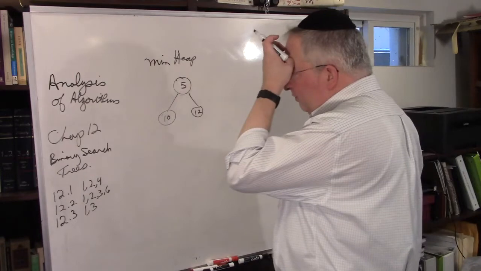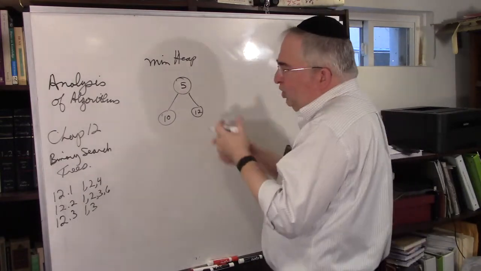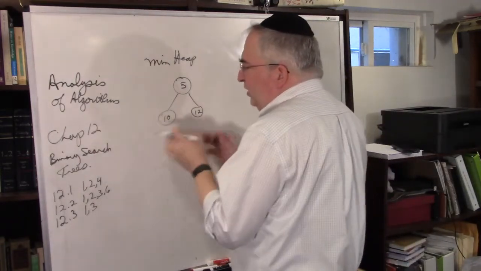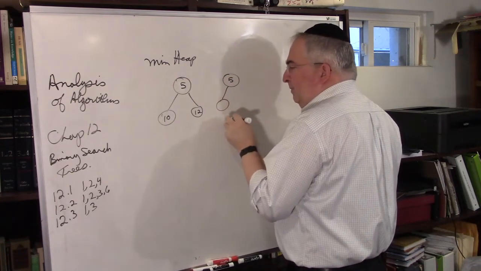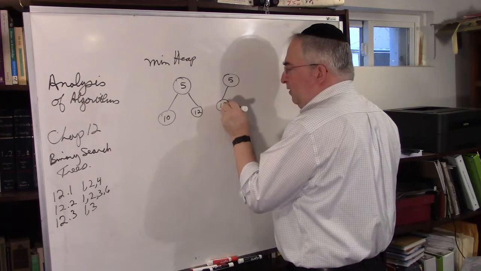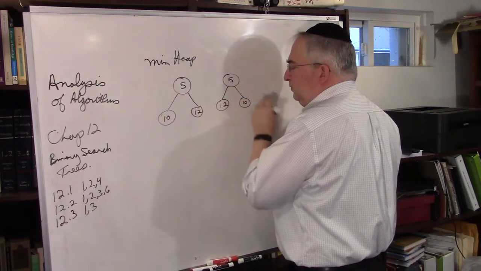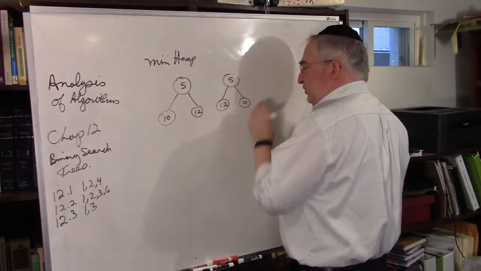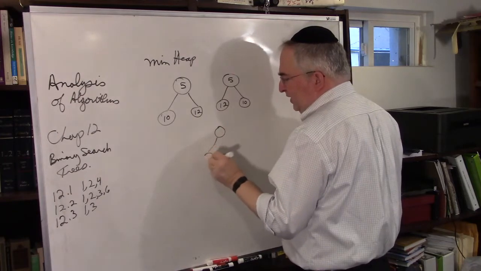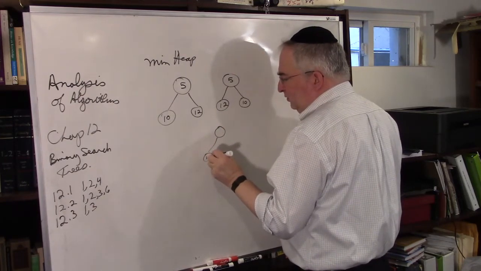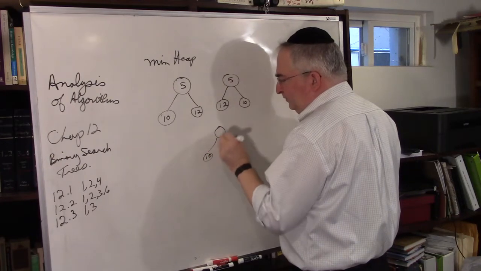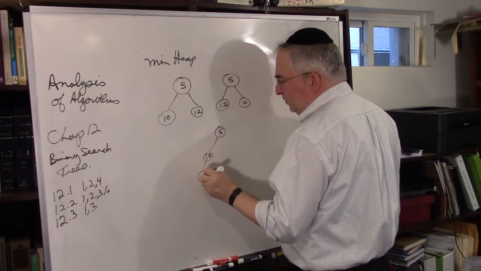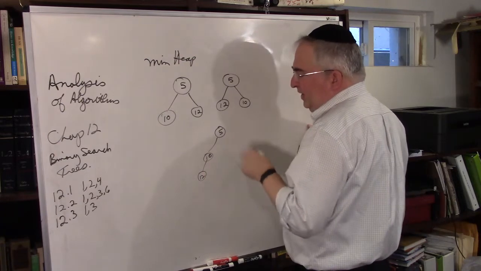Now, the problem is there's no order to the left child or the right child. So this is also a min-heap. And so is this. Well, it's not a min-heap. That's not a heap, whatever.